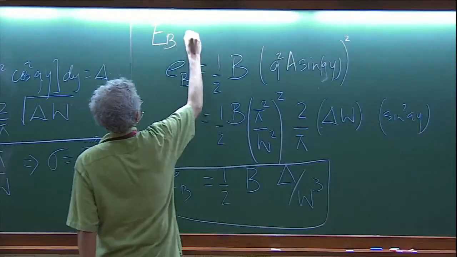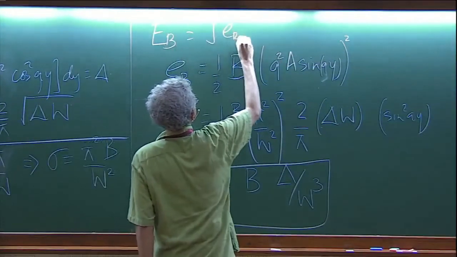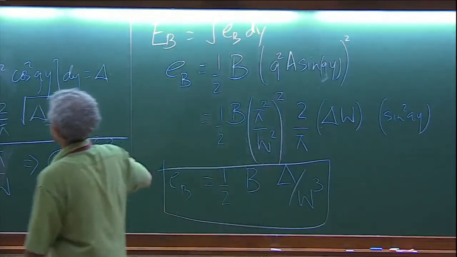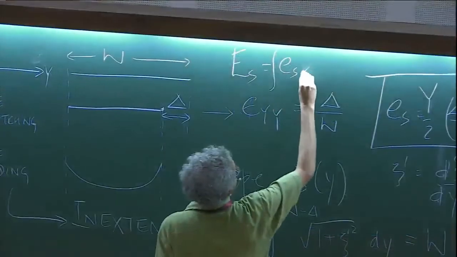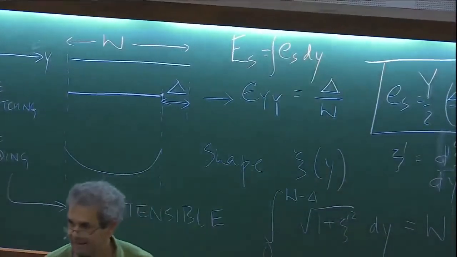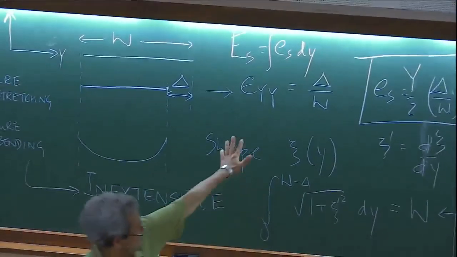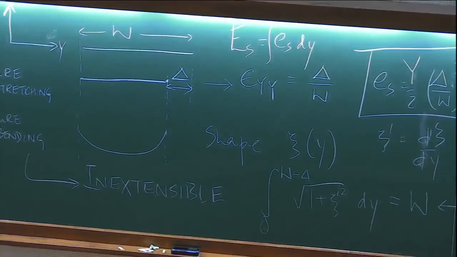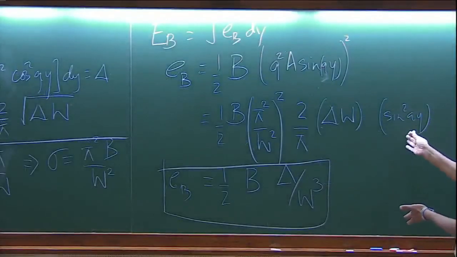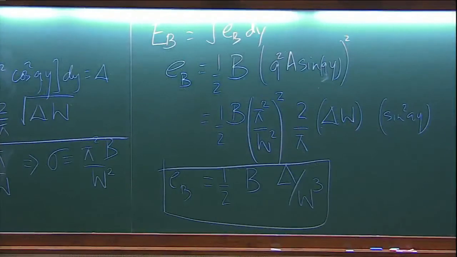I should compare EB, which is integral EB dy, with ES, which is integral ES dy. And this will just be multiplied by the width. That will be width times, I don't know, this is going to be 1 plus cosine 2 something, so it's going to give me a half somewhere there. So you're right, I may have got a half somewhere missing, but this is the general picture, okay?